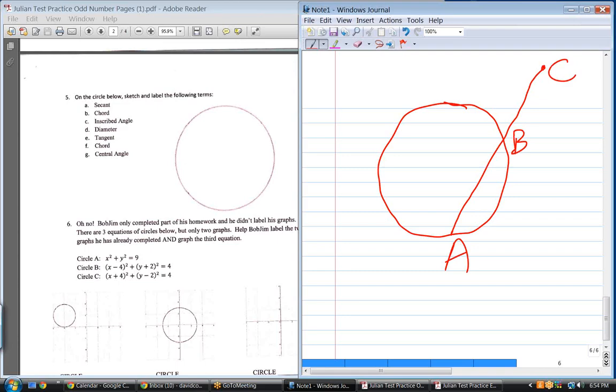The secant line is AC. Is there a chord in there? No. There is. Any straight line that connects two different points on the circumference is a chord. So AB would be a chord. And what's a central angle?